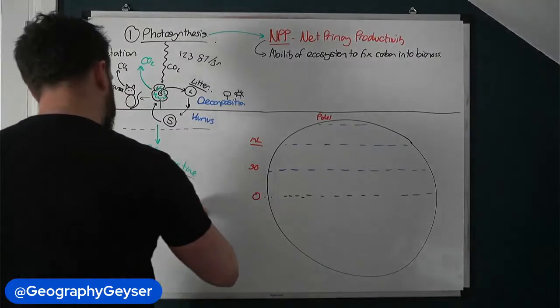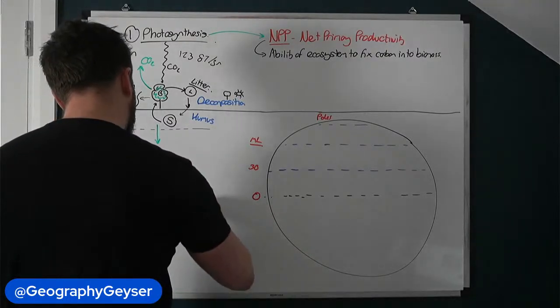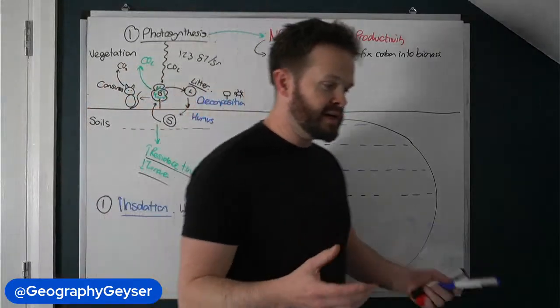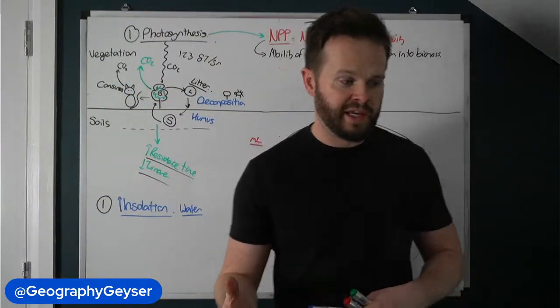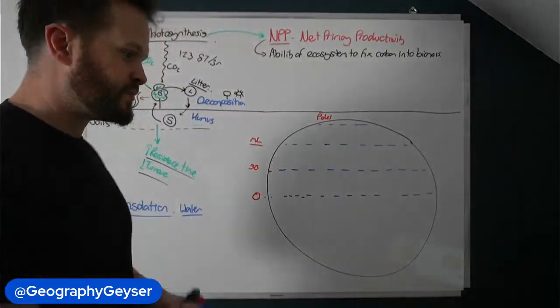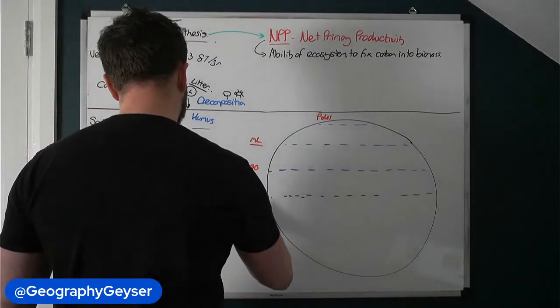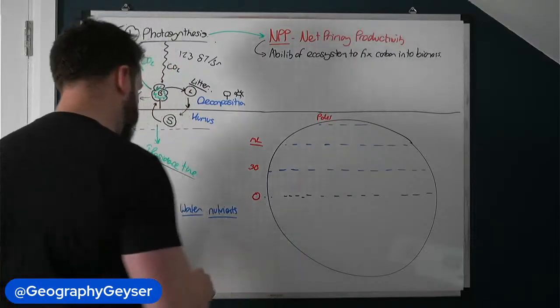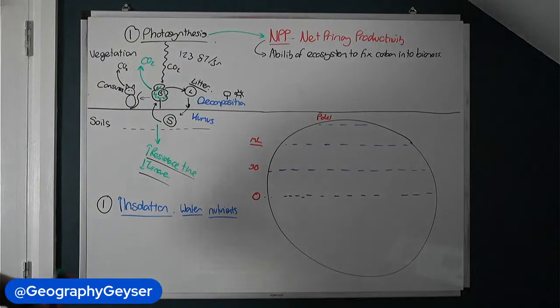The other thing that you need is you need water, or you need rainfall. So where there's the highest rates of insolation, highest rates of rainfall, we also obviously need nutrients as well. So we need insolation, we need sunlight, water, and nutrients.